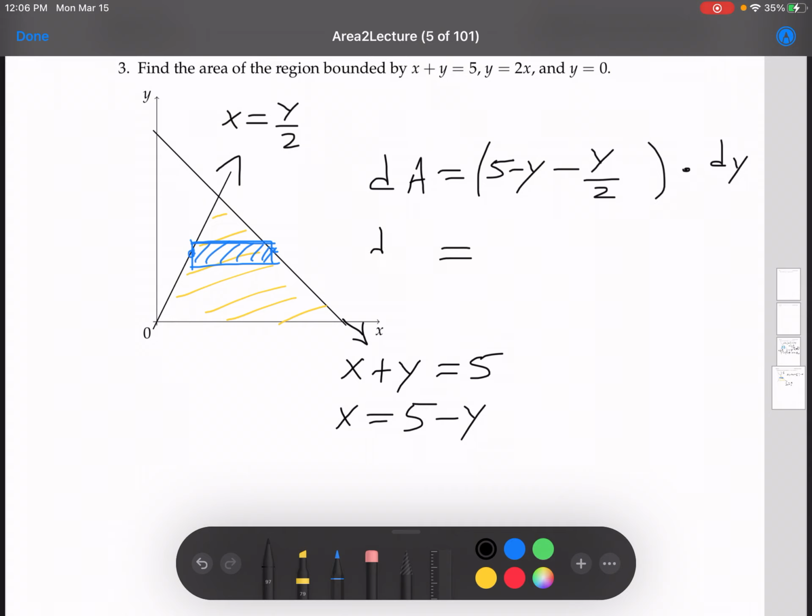So my dA, let's simplify a little bit. So we have minus y minus 1/2 y. So combining like terms, we have minus 3/2 y. So 5 minus 3/2 y dy. So that's the area of my arbitrary blue rectangle there.